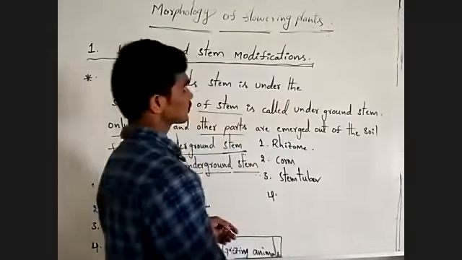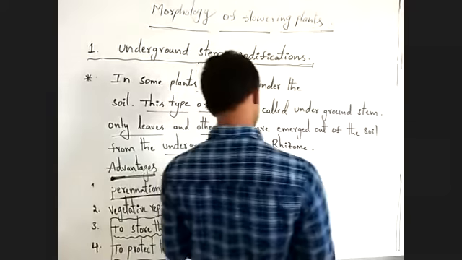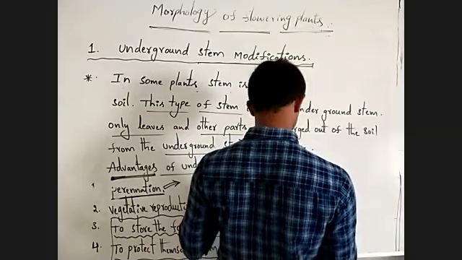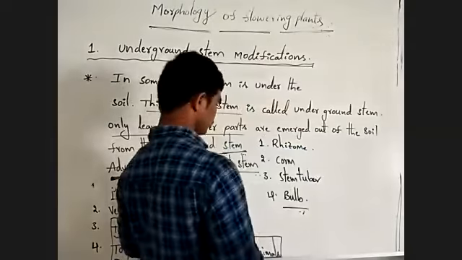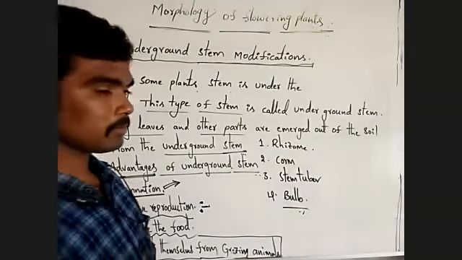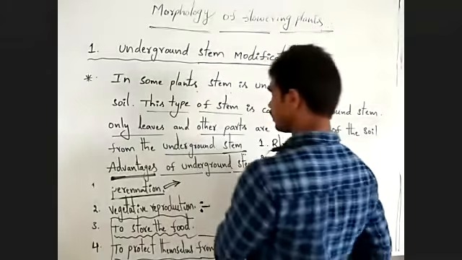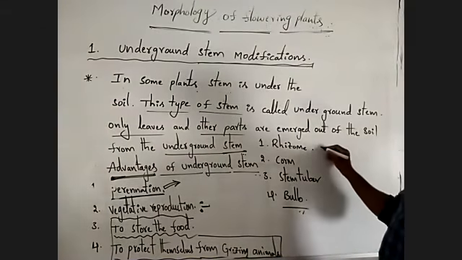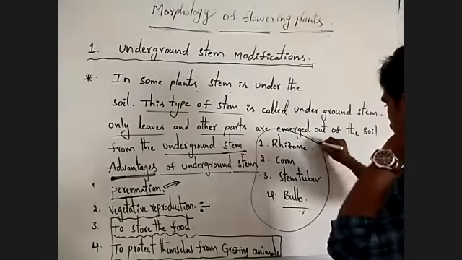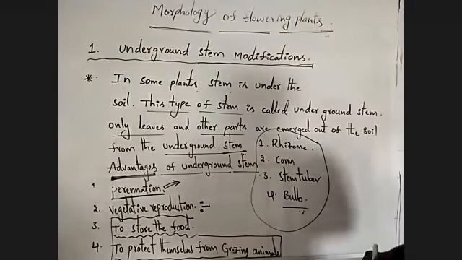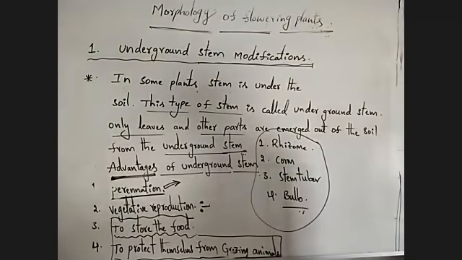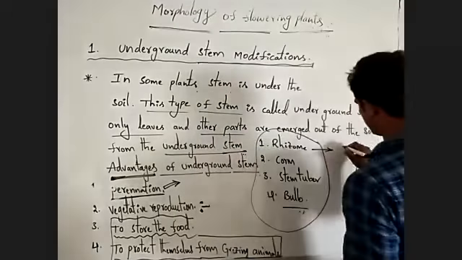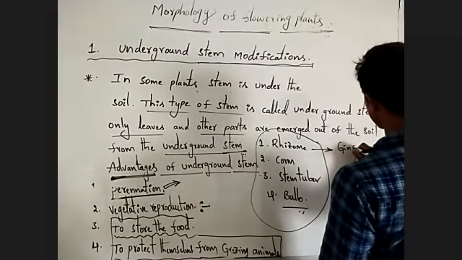Last one, bulb. These are important types of stem modification. What is the example for the rhizome? Ginger is the example.